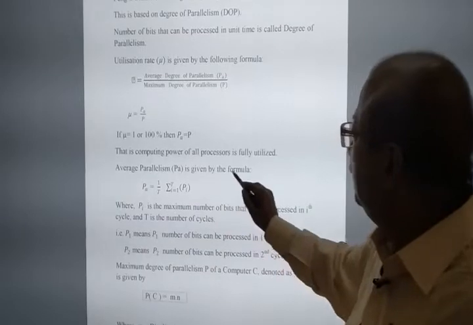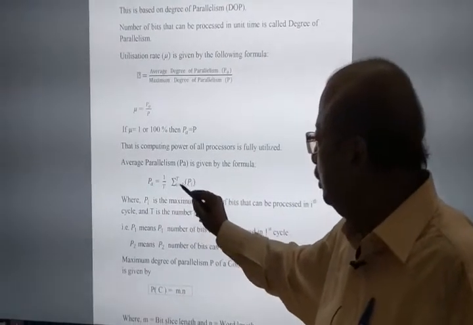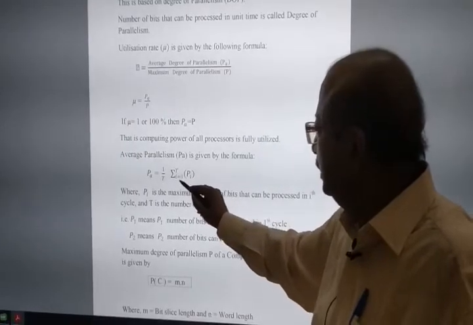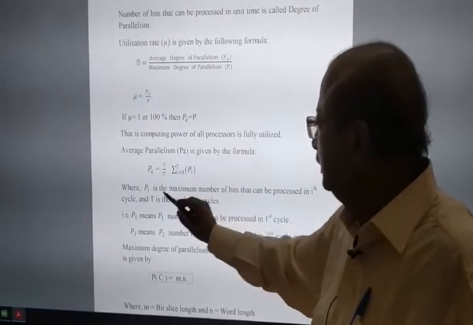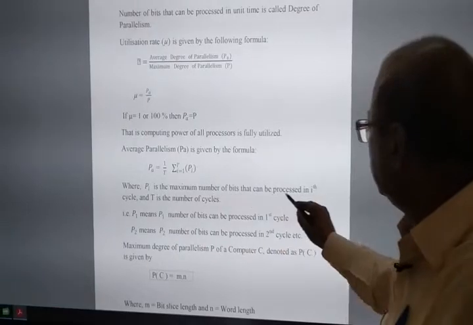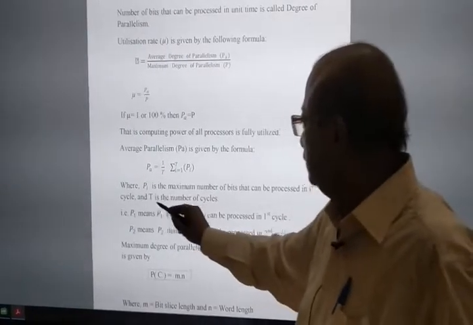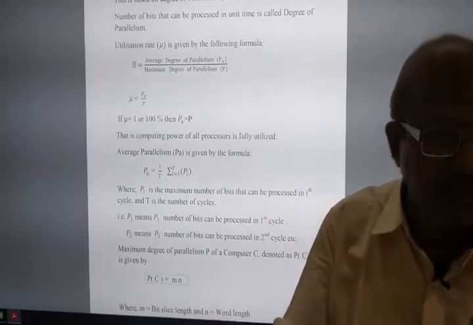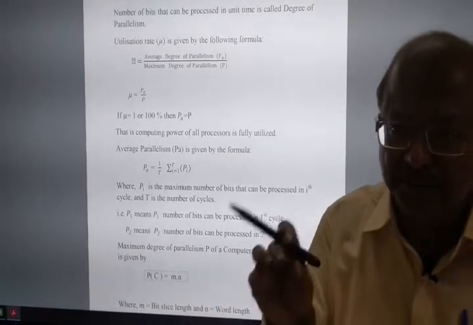I told you, the average parallelism PA is given by the formula 1 upon T times the sum of Pi, where i is varying from 1 to T, and Pi is the maximum number of bits that can be processed in the ith clock cycle, and T is the maximum number of clock cycles.